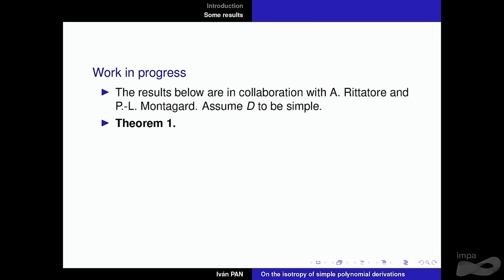Then there is a first theorem. If the isotropy is algebraic, then it is unipotent. That is, one may represent this group as a matrix group where the matrices are triangular and with ones in the diagonal.